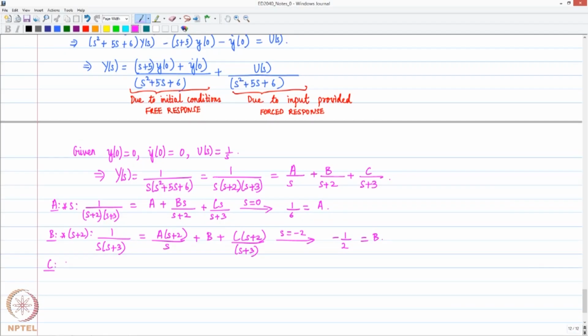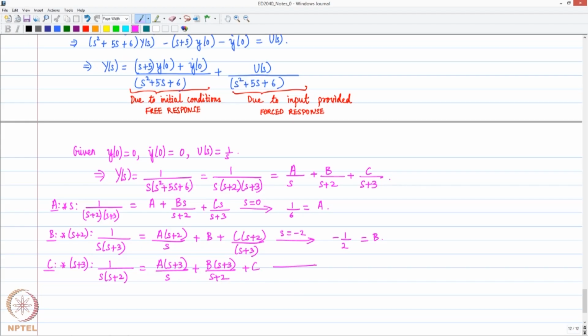So, similarly, if I want to find c, what I will do is multiply both sides by s plus 3. The left hand side becomes 1 divided by s times s plus 2, that is going to be a times s plus 3 divided by s, plus b times s plus 3 divided by s plus 2, plus c.